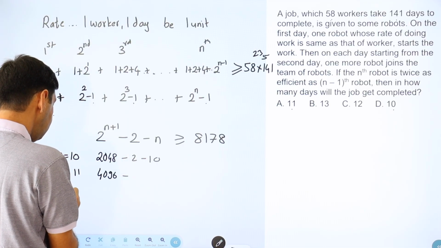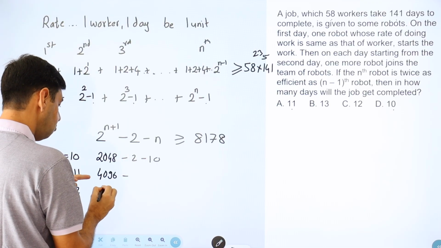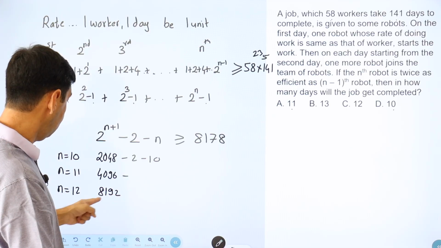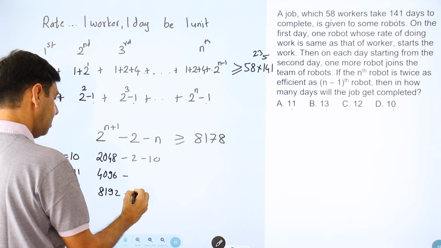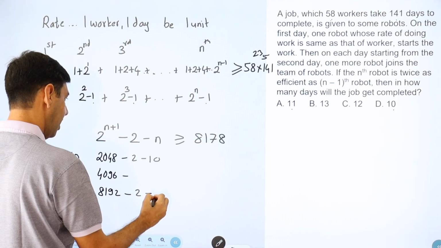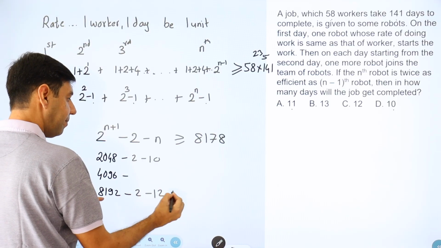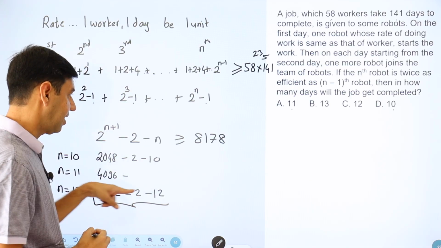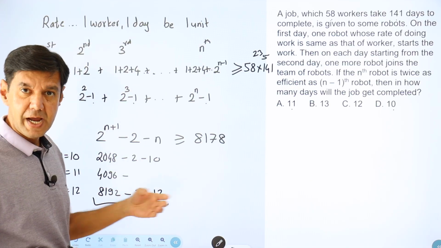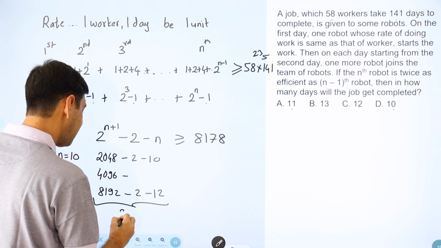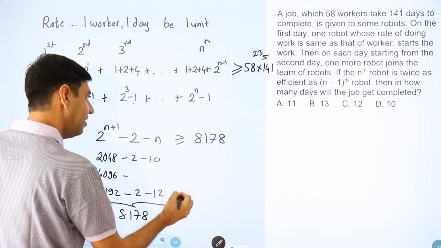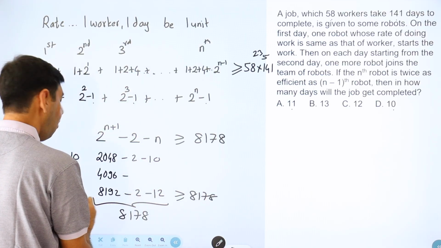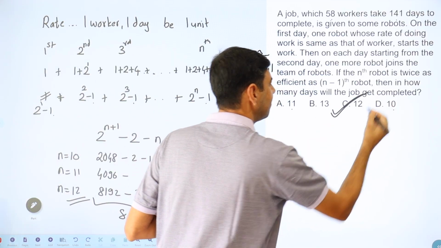But n equal to 12 will make it 8192. Oh great. So I just need to check this minus 2 minus 12. If I subtract 14, 8192 minus 14 is exactly equal to 8178, right? So it gets done exactly on the end of the 12th day.